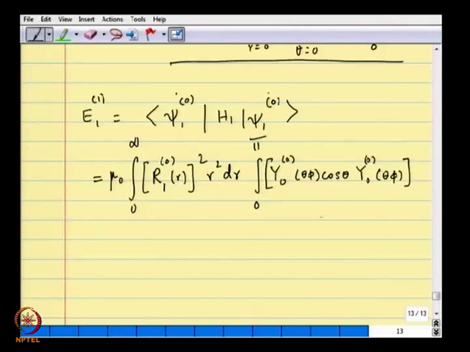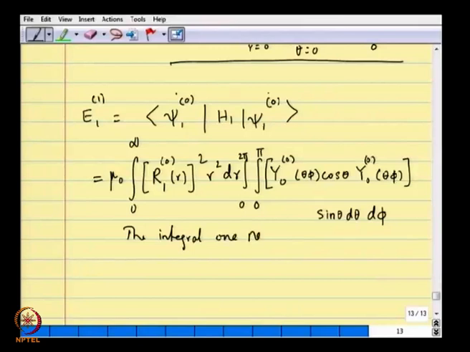This is the angular part multiplied by sin theta d theta d phi, and since there is no phi dependence here, we can also write this as 0 to 2 pi. Okay. So, just let me make sure that the pi is associated with the theta integral.